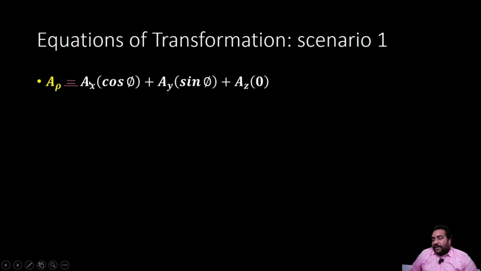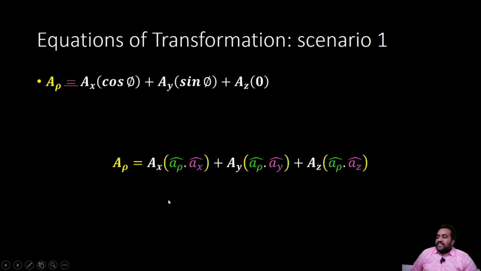Now, what I would like to do is, instead of finding out the solution as such, keep this in the form of the vector. So the equation would be looking like this. A rho equals ax times a rho cap dot ax cap, similarly a rho cap dot ay cap and a rho cap dot az cap.